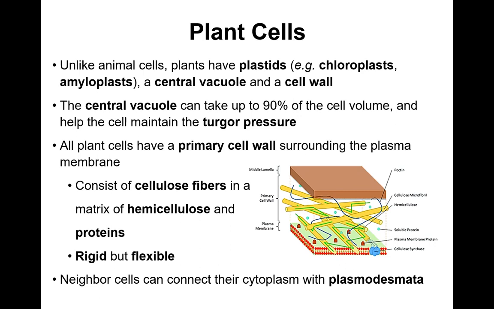What are plastids? Plastids are organelles, part of the same family. We always talk about chloroplasts. Chloroplasts are only one type of plastid, the most famous type. But there are other organelles, still with a double membrane, similar to chloroplasts, but with different functions, such as amyloplasts.